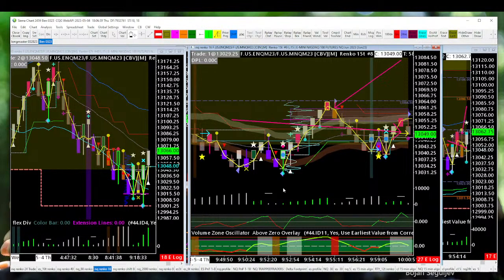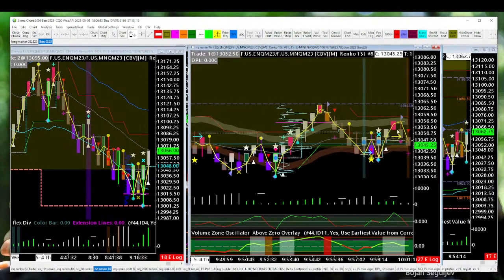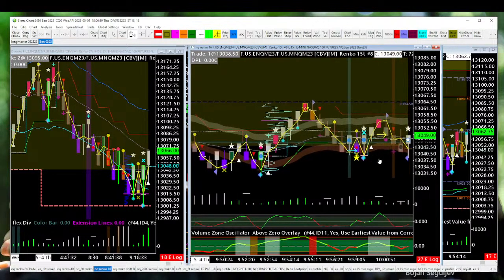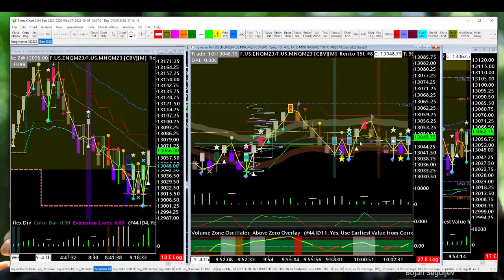I can't trade breakouts and following aggression in like a star triangle up or a green bar triangle up won't work here because we're trading right into a bunch of trapped buyers. And what do you know, exactly at that low volume node is where we run into trouble here. So that's how I could have avoided that personally.